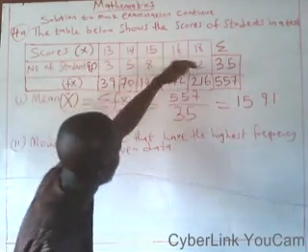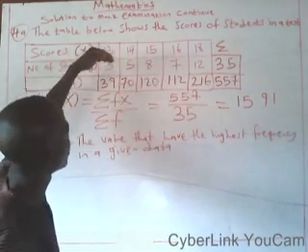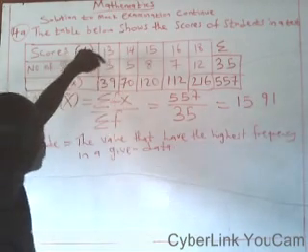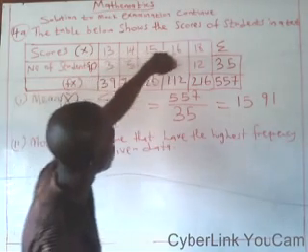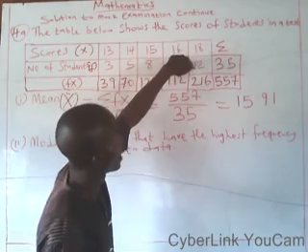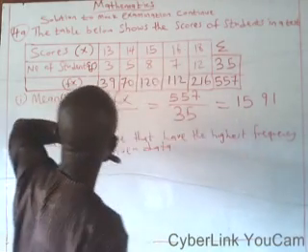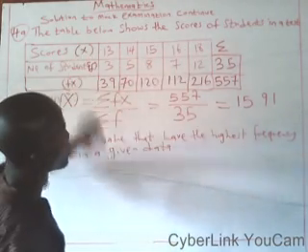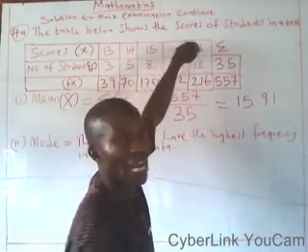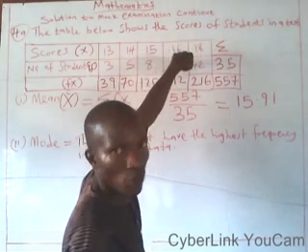If you look at this frequency, which one is the biggest number? We have 3, 5, 8, 7, 12. 12 happens to have the highest number. In that case, the number of students that scored 18 have the highest frequency.